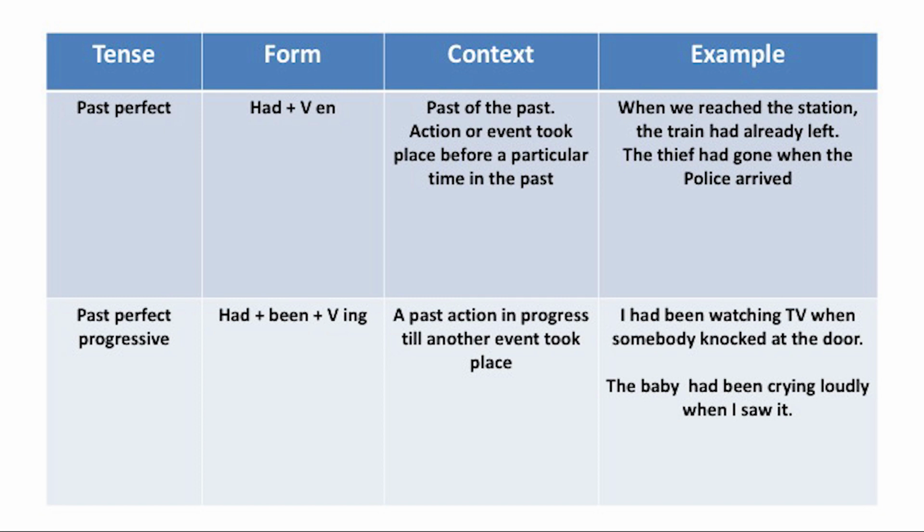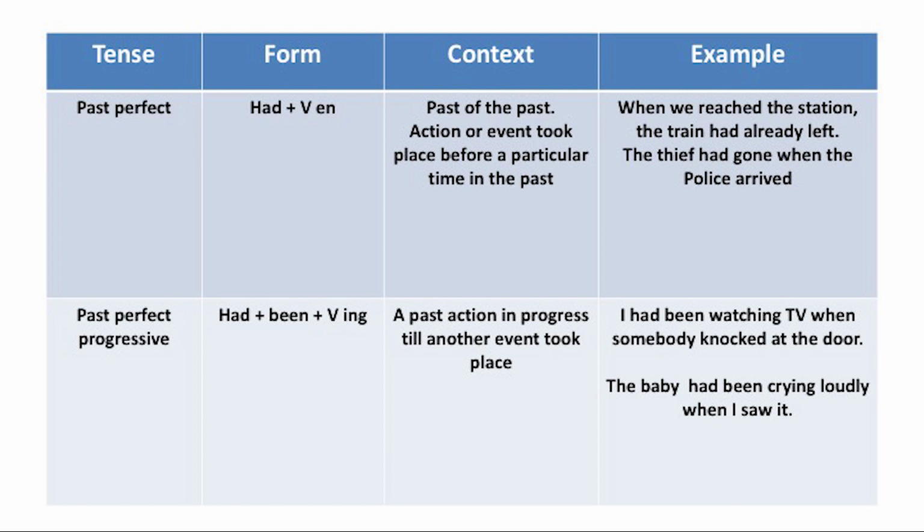In this way, you can give as many examples as you like, and the last form for expressing the past time is past perfect progressive, and the verb group takes the form had plus been plus verb ing.